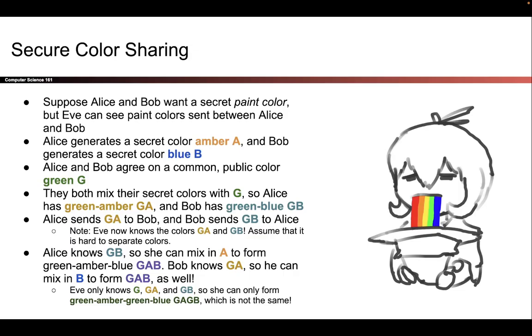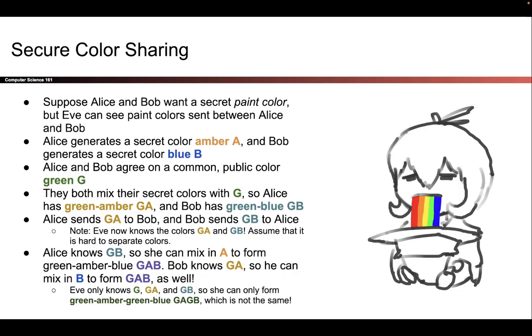It's got the common color and each of their halves of the secret. And likewise, Bob received GA over the channel. That's a disguised version of Alice's secret. He mixes in his own secret B, and the result is also green, amber, blue. It's the common color, Bob's secret, and Alice's secret. So Alice and Bob have successfully negotiated a shared secret.